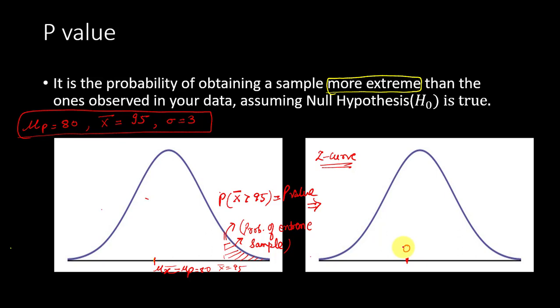The z statistic from our sample data would come out to be x bar minus mu divided by sigma divided by root over n, which is equal to 95 minus 80 divided by 3 over root 40, let's say that we have collected 40 samples.